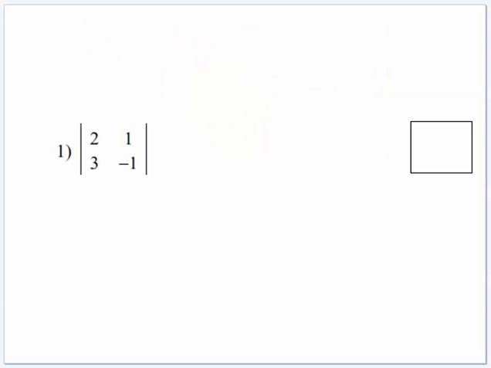All right, here is our problem, and as just described a second ago, top left to bottom right, and the product is going to go here. Then we're going to do bottom left to top right, way over here, and in between we have subtraction. 2 times negative 1 is negative 2. 3 times 1 is 3.